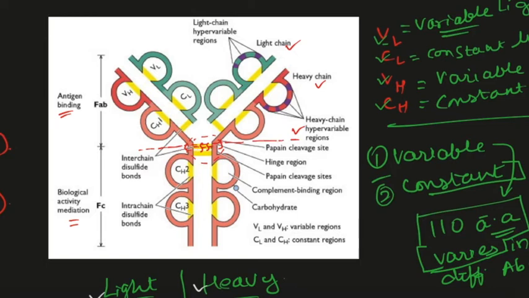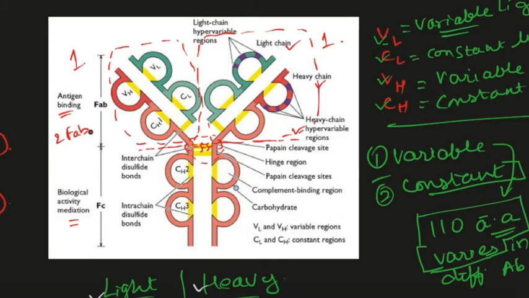Whenever the hinge region is broken, this FAB region is separated out as a single unit, and so is the other FAB region. So how many FAB regions do we have now? We have two FAB regions, and only one constant FC portion will be there.